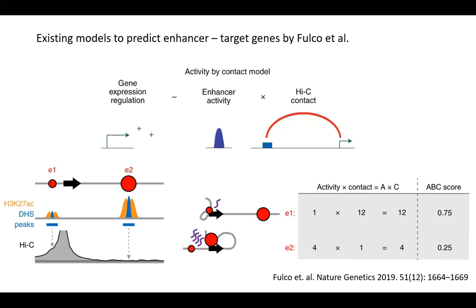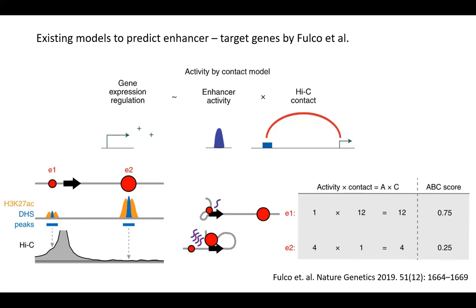And because both of these enhancers are regulating the gene at the same time, for you to be able to detect one pair's regulatory relationship, that's going to be measured relative to the other enhancer's control of that gene. So you basically normalize it by the total number of enhancers that control the gene.